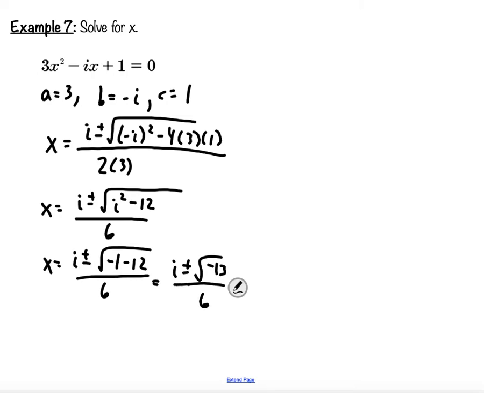So we're not going to leave that as a square root of -13. Remember, that's the same thing as square root of -1 times the square root of 13. So a square root of -1 there is i.